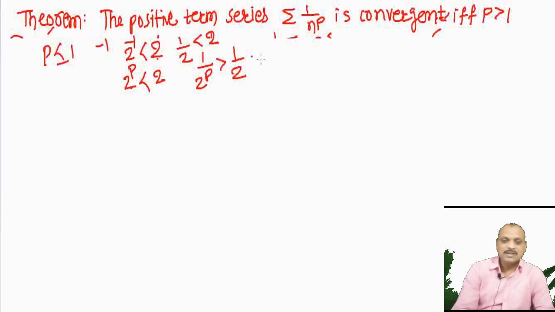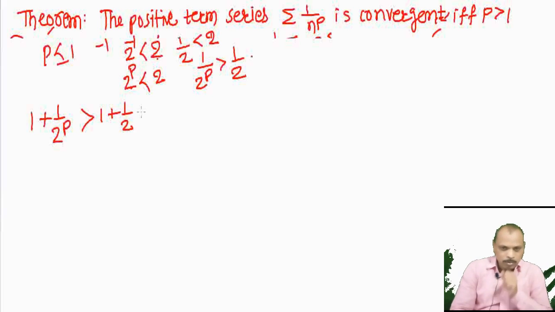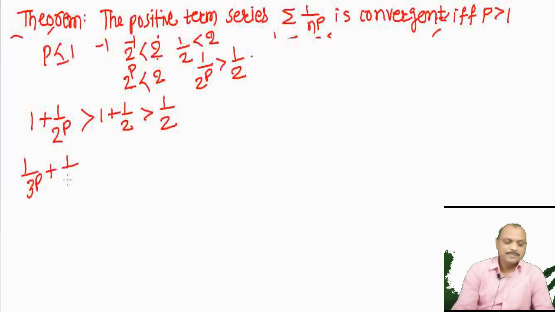Now consider the term 1 plus 1 divided by 2 raised to p. Here we have seen that 1 divided by 2 raised to p is greater than 1 by 2. Now 1 divided by 3 raised to p plus 1 divided by 4 raised to p is greater than 1 by 3 plus 1 by 4.